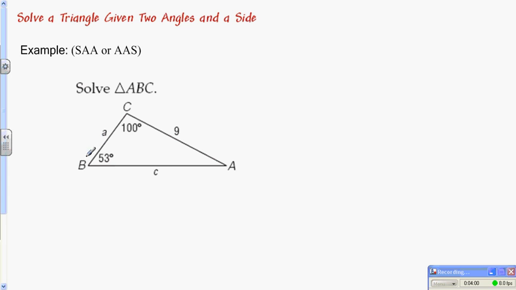Here we have angle, angle, side. So the law of sines would say the sine of the angle given us, now we want to choose a pair. So here's an angle and here's its opposite side. Sine of 53 over its opposite side is equal to sine of 100 over its opposite side.